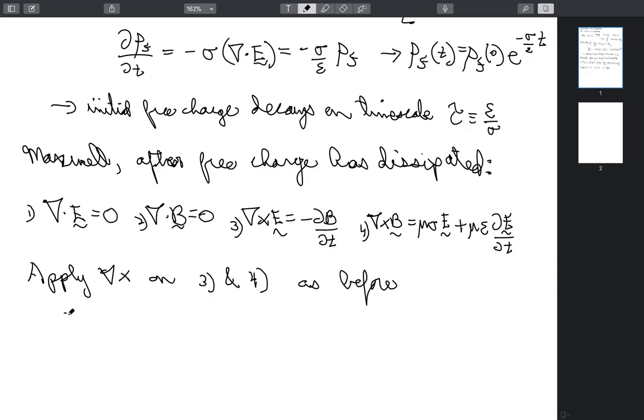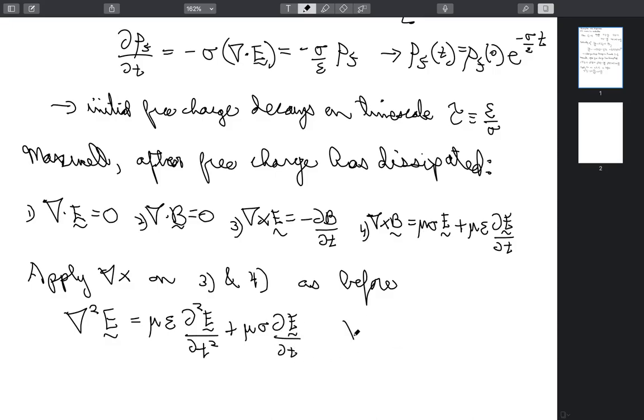So for example, for E, what we get is that the Laplacian of the components of E is equal to mu epsilon times the second derivative of E with respect to t. But then there's an extra linear term that comes from the one we had here, mu sigma dE dt.